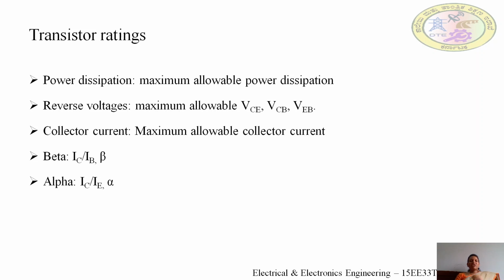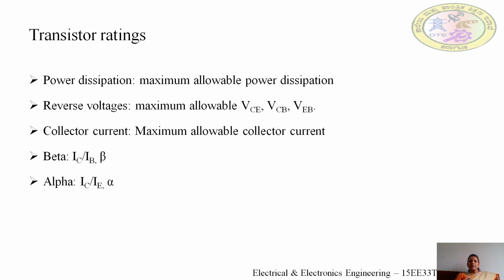The collector is the region collecting the majority charge carriers, and during the flow of current from emitter to collector, there is a voltage drop between the emitter and the collector. This product of collector current and the collector emitter voltage is the power dissipation. So the maximum power a transistor can handle without being damaged is the power dissipation.